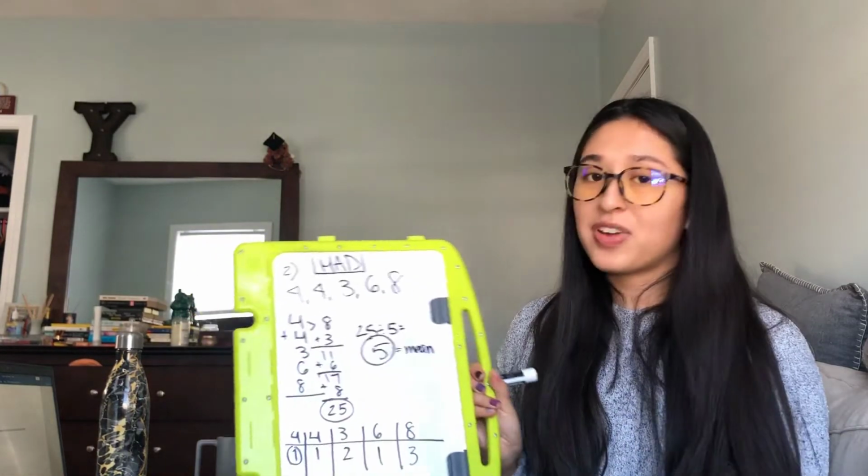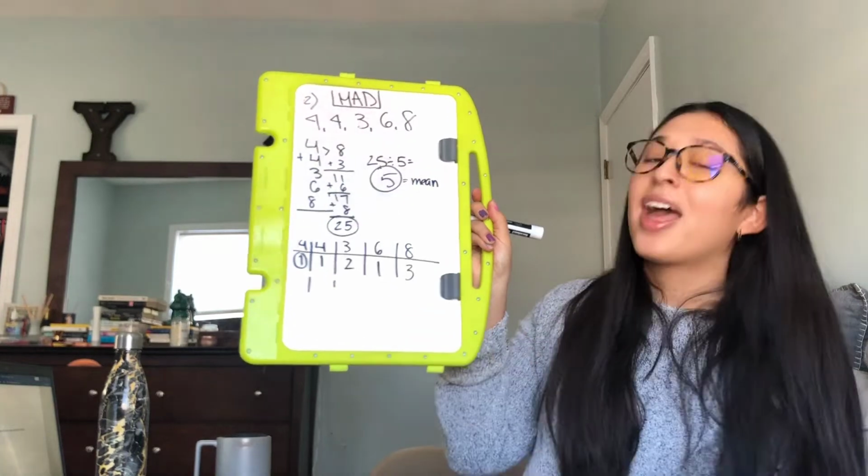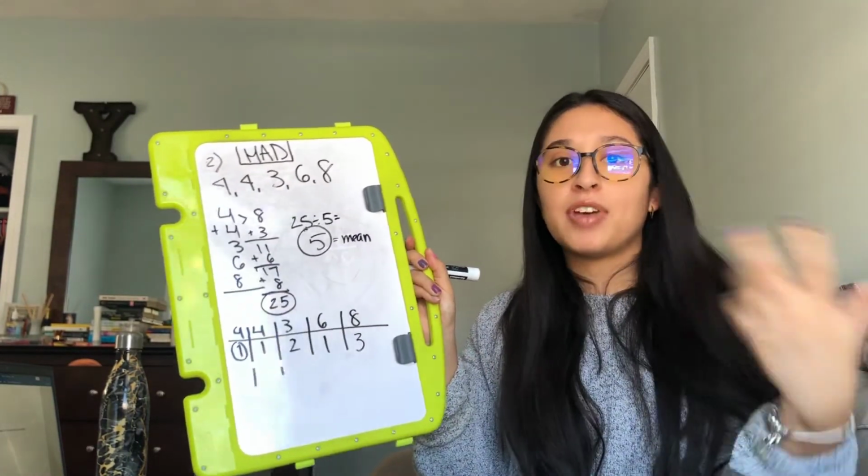So now I have those values. I have all those distances recorded against the bottom. And that's going to be my new data set. With that data, I'm going to go ahead and find the mean. So I'm going to add 1 plus 1 plus 2 plus 1 plus 3. 2 plus 2, 4 plus 1 plus 3, 5 plus 3 is going to give me 8.